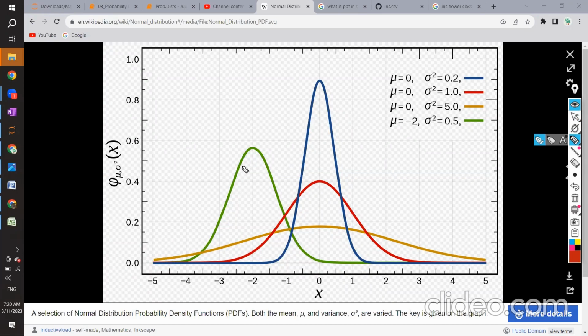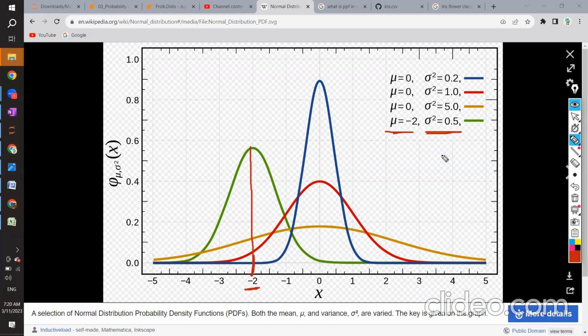See here. For the green one, what is the mean? This one, the middle part, is -2. And the standard deviation is 0.5. Agree?